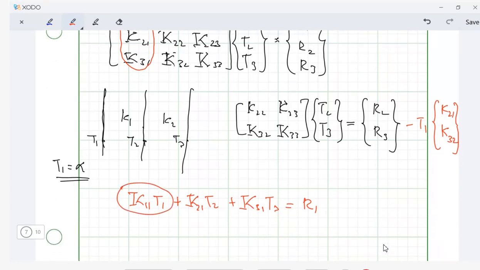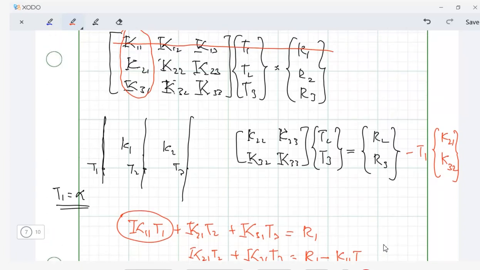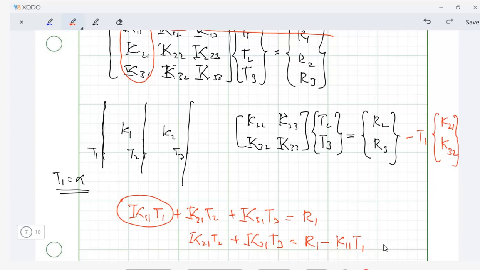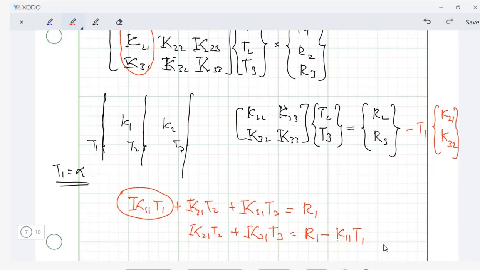So this simplifies as K21 T2 plus K31 T3 equal to R1 minus K11 times T1. Oops. Oh, no, I get something not right here. Sorry, I'm using equation number 1. I should not use equation number 1. I should have used equation number 2. So equation number 1 is not being used.